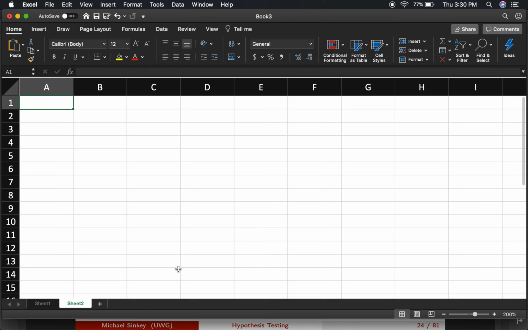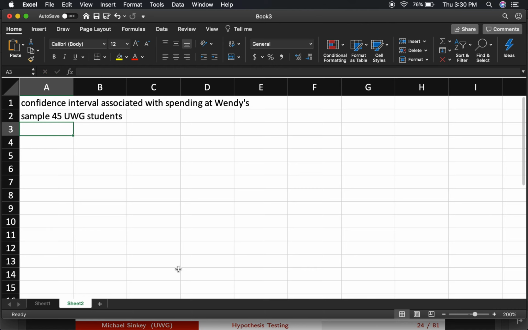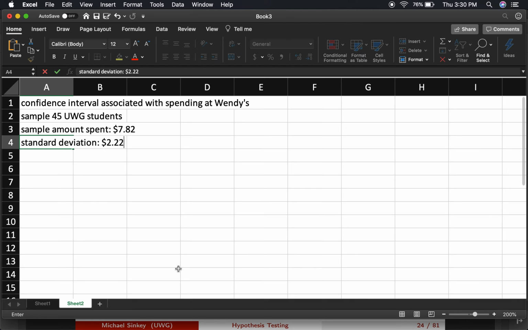Now let's say I want to do another confidence interval. And this time I want to make a confidence interval associated with spending at Wendy's. And let's say I sample 45 UWG students. And the sample amount spent, 782. Standard deviation, 222.